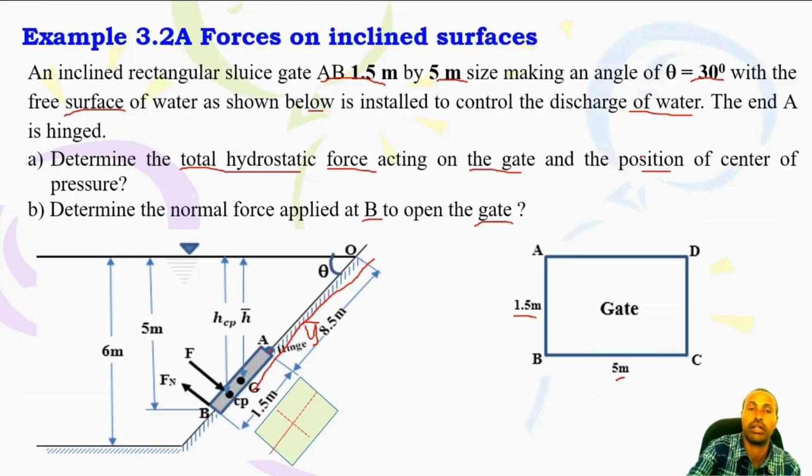Let me go back again. It is 8.5 here up to the edge of the gate, which is inclined. This dimension is given. Then the dimension of the gate is 1.5, and half of this will be 0.75.